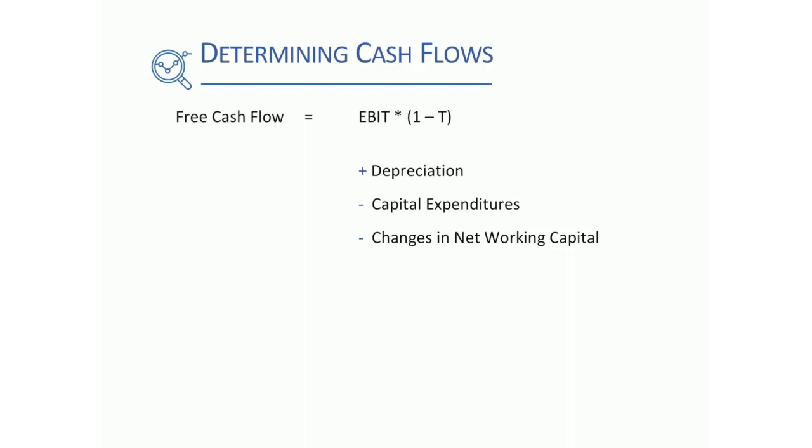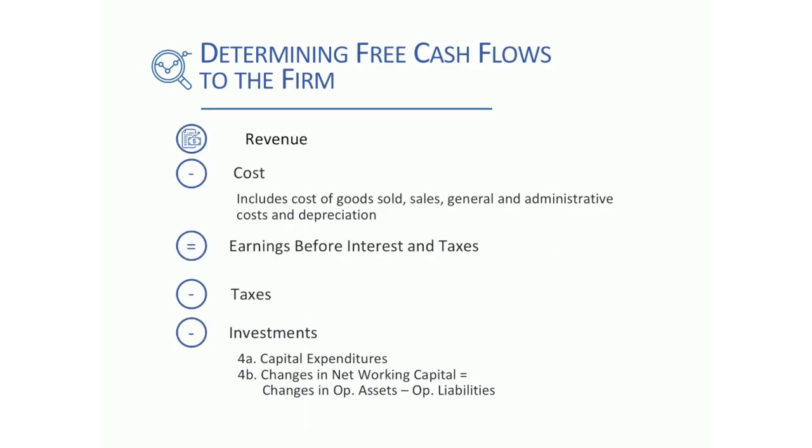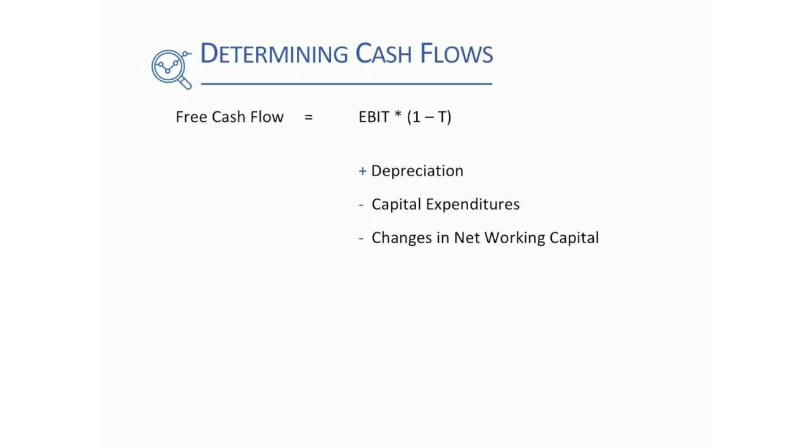And now you might ask, but why do you go through the trouble of first taking out depreciation from earnings and then adding them back when you're determining cash flows? And the answer to that is, as you may have guessed by looking at this formula, depreciation has tax implications.